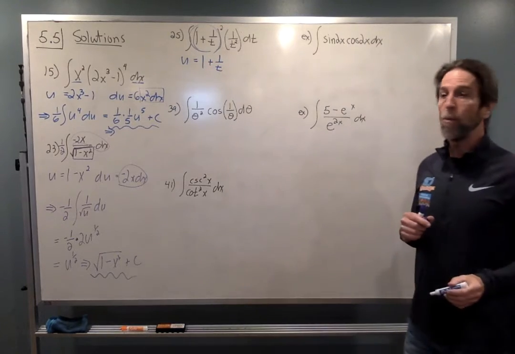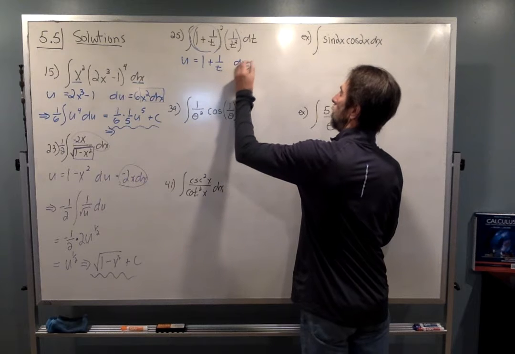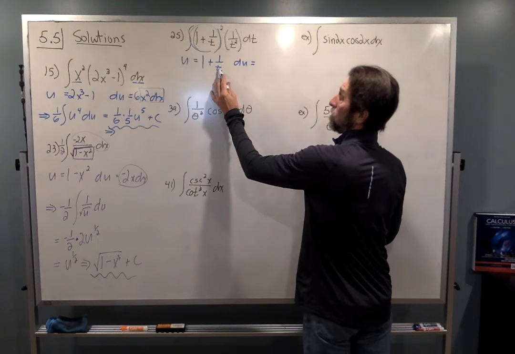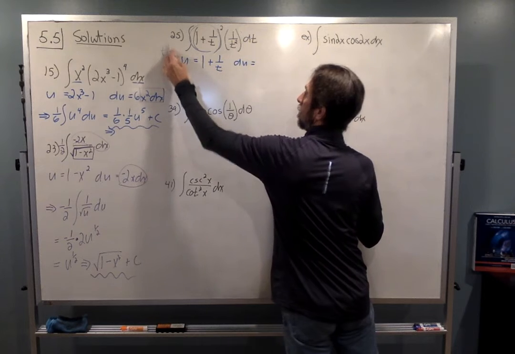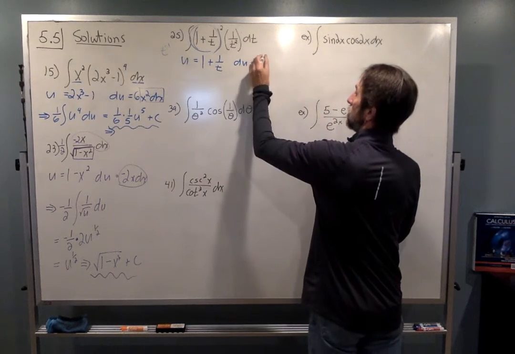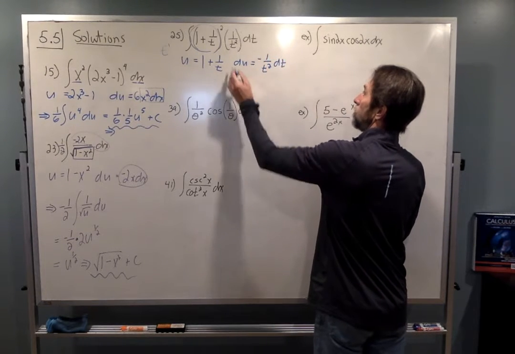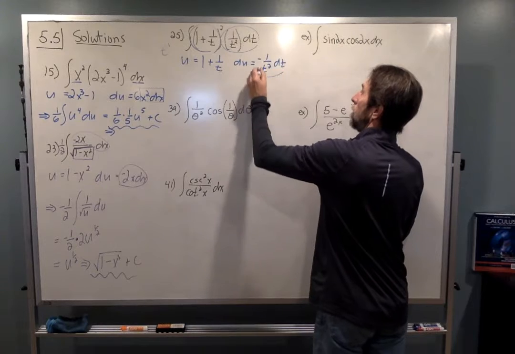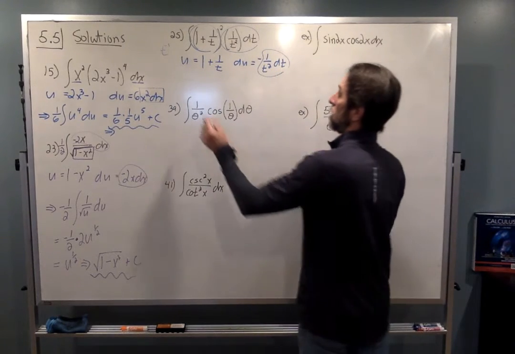So if I let u be 1 plus 1 over t, du is going to be, this is basically t to the negative 1. If we find the derivative, it's negative t to the negative 2, negative 1 over t squared. That's pretty much what we have, except for that negative. I can always adjust by a constant very easily.